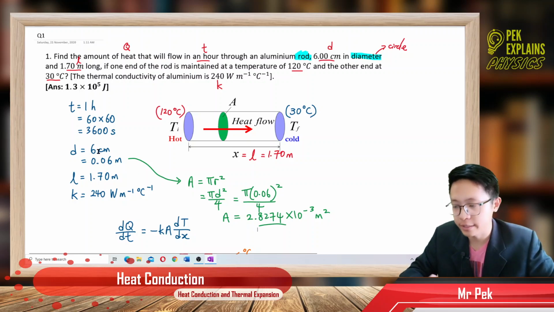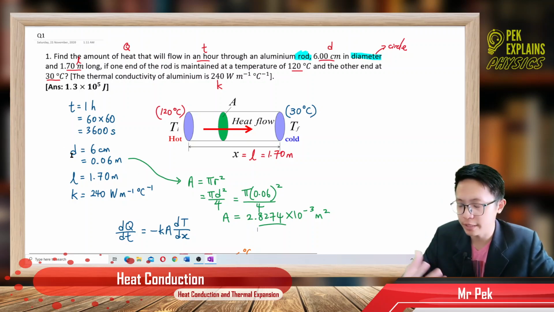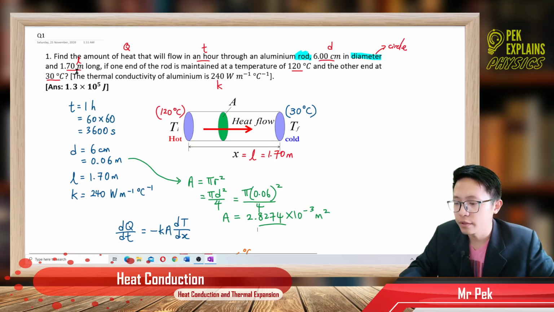So that's our area. Remember, whenever it gives us diameter, we can straight away find the area. And it gives us the length and the thermal conductivity.